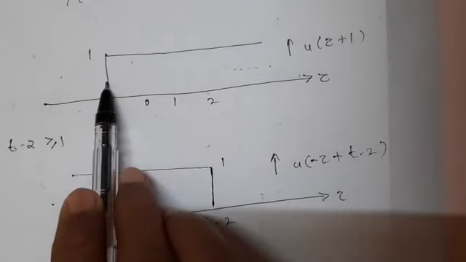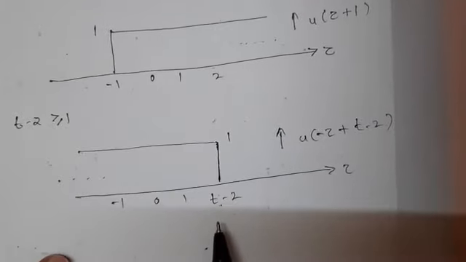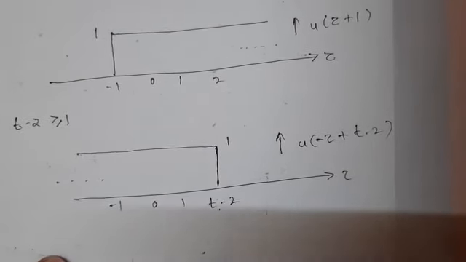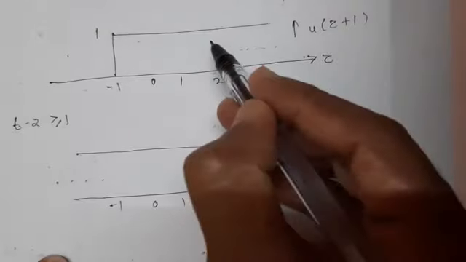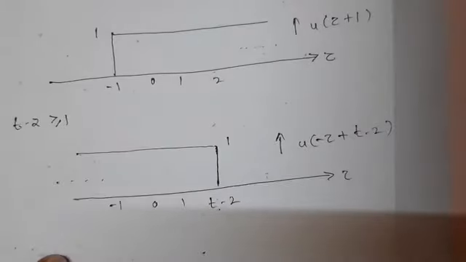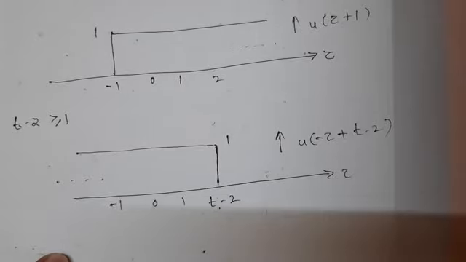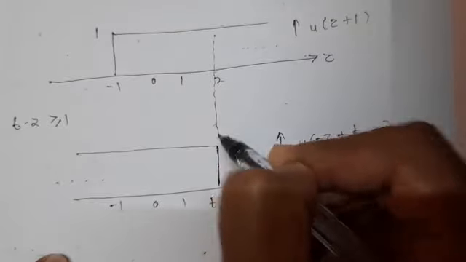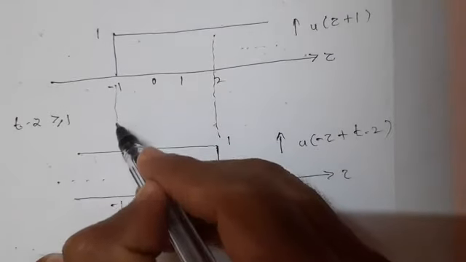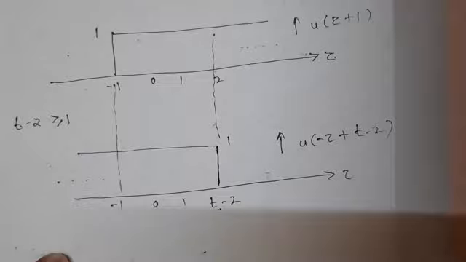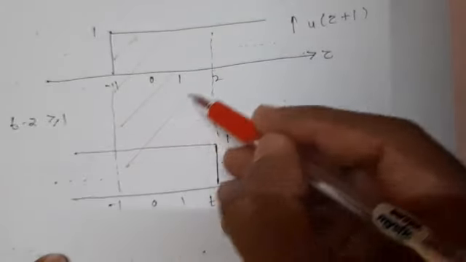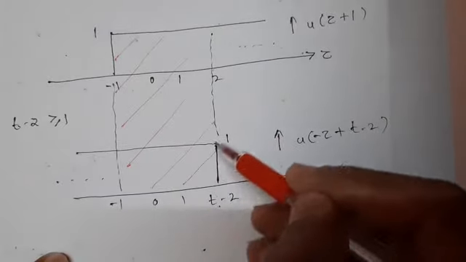For this signal before minus 1, and for this signal after t minus 2, I don't have anything. So this is your overlapping region. The signals get multiplied between these.